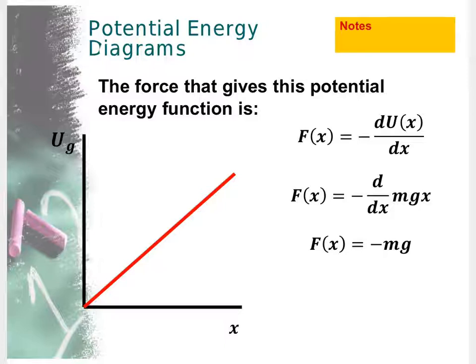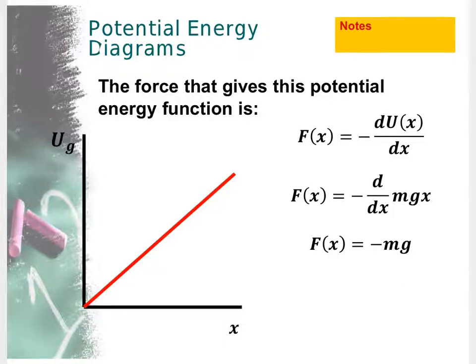What's neat about these potential energy diagrams is that you can actually calculate the force by taking the derivative of the potential energy with respect to x. And when we do that with our potential energy from gravity, we get negative d over dx times mgx, and our force due to gravity is equal to negative mg.